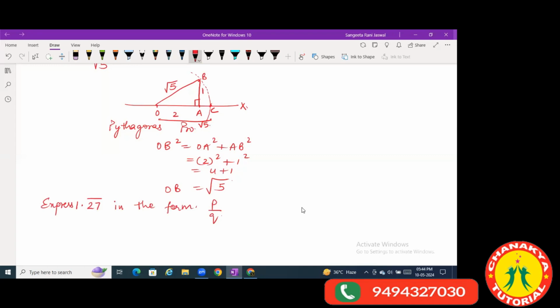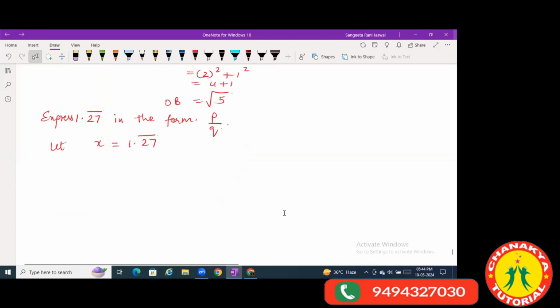So express 1.27 bar in the form p by q, where you know that p and q are integers and q is not equal to 0. So what do you do in that case? Let x equal 1.27 bar.